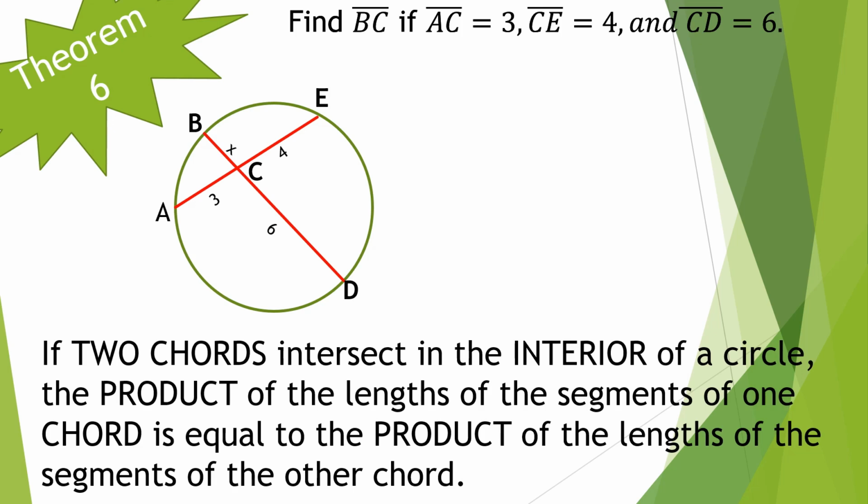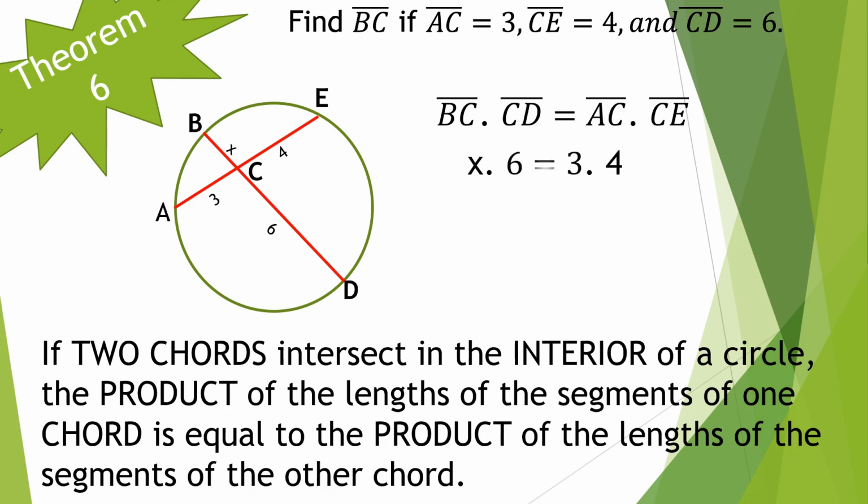Okay? So in theorem number 6, this is the formula. It is the product of the lengths. The first chord is BD. BD is divided into 2, so BC and CD. If we multiply BC and CD, that is equal to the other chord's segments, which are AC and CE.